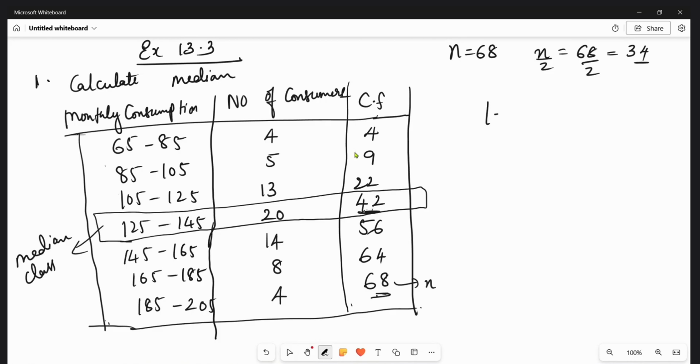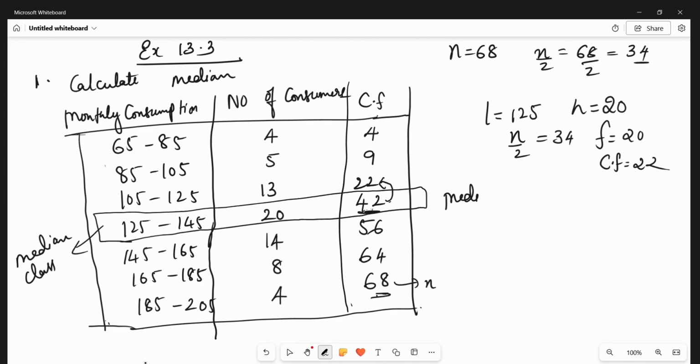L is the lower limit of that class, which is 125. h is the class size, 145 minus 125, it is 20. n by 2 we calculated, that is 34. f is the frequency of the median class, that is 20. And CF is the preceding one in this column, which is 22. Now substitute.